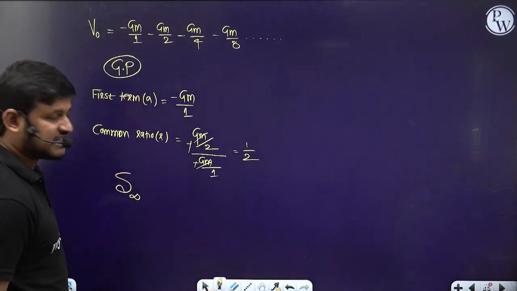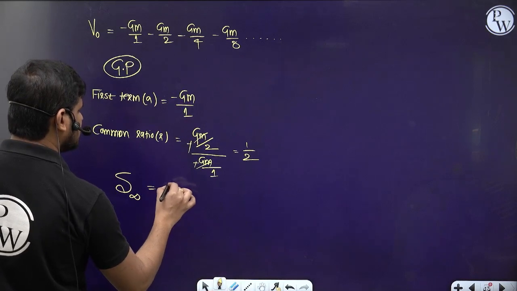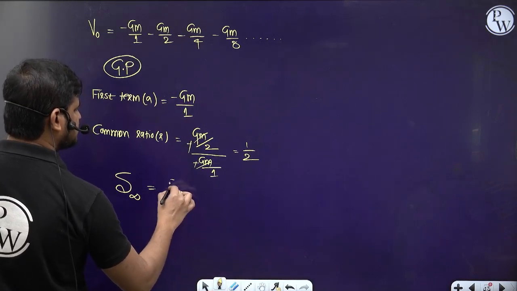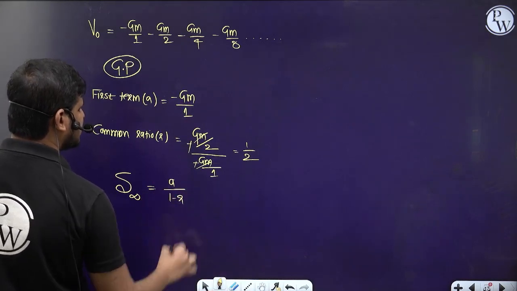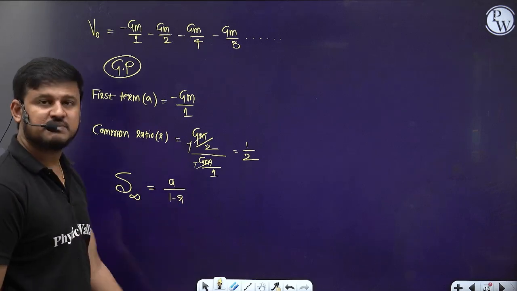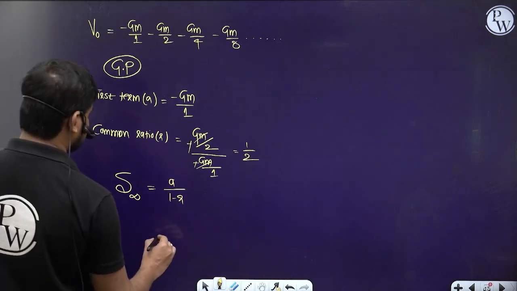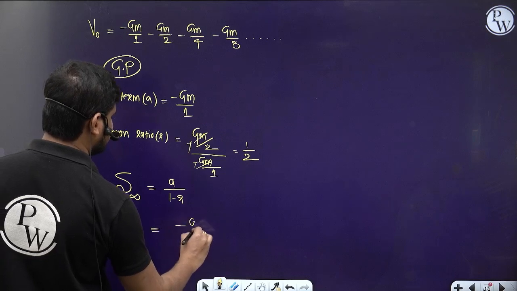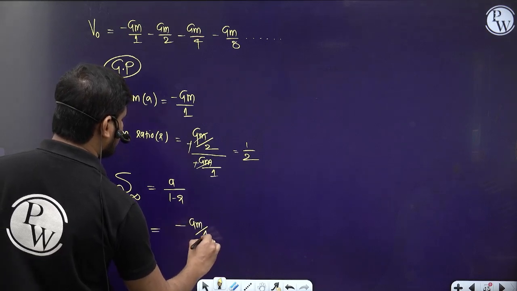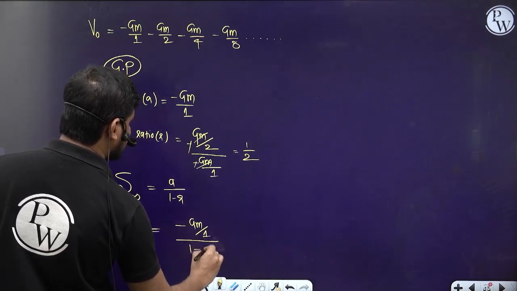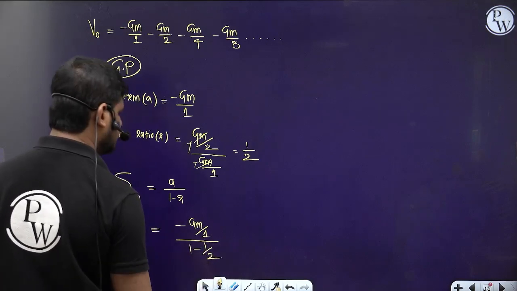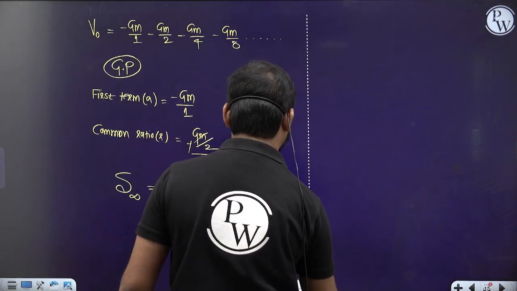S infinity is equal to A by 1 minus R. What is A? The first term, minus Gm by 1, and 1 minus R is 1 minus 1 by 2.